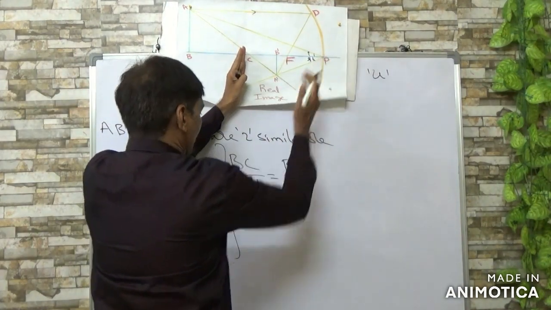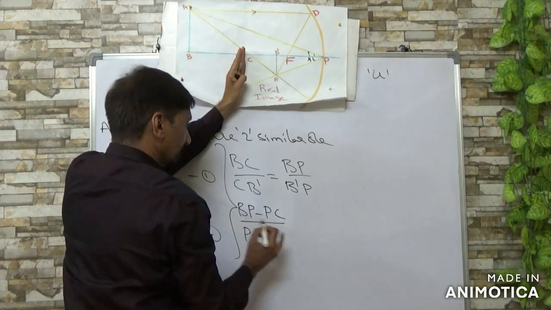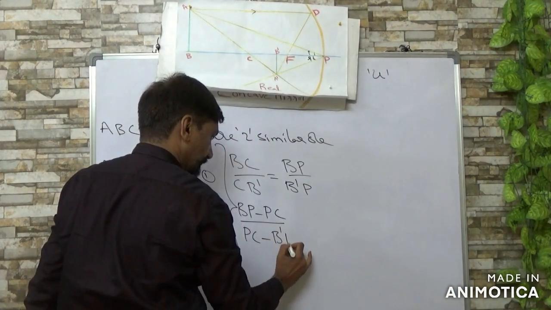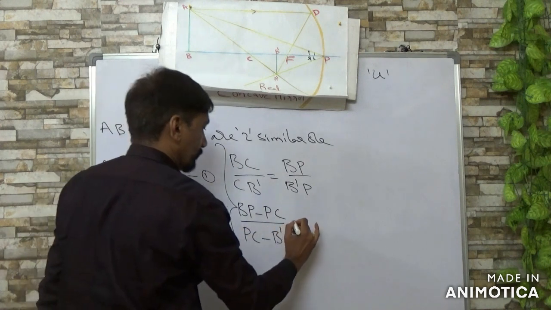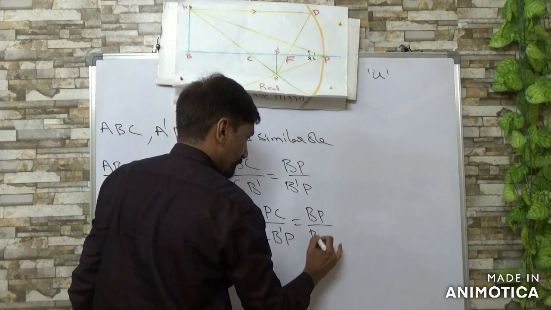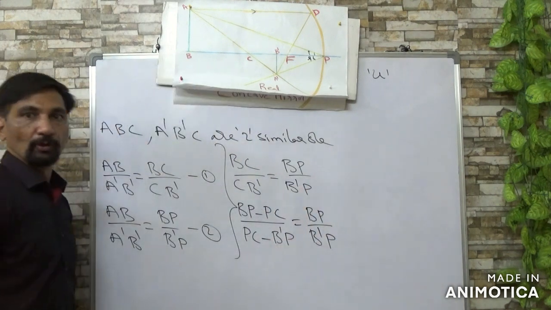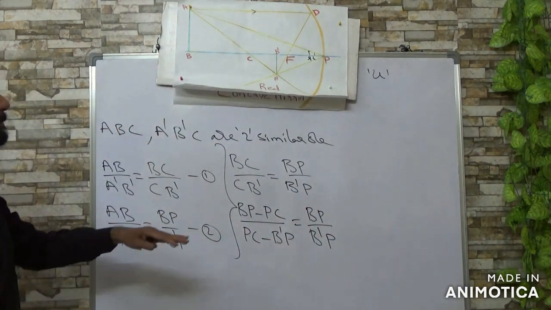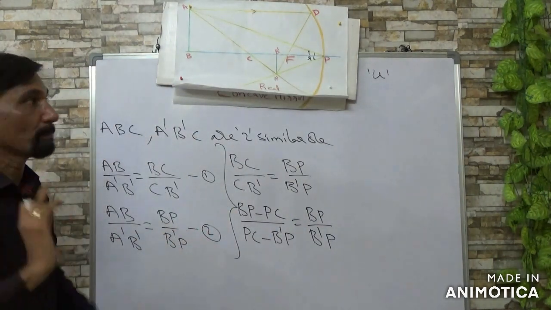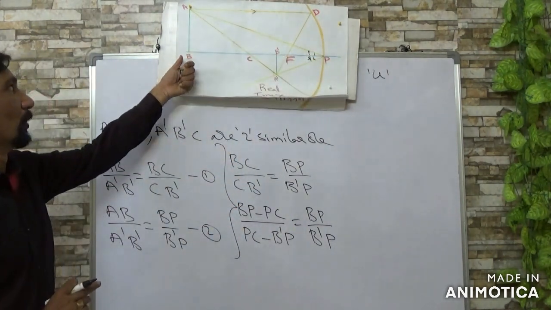So BC is taken as BP, the total distance, minus PC, by PC minus B dash P, which is equal to BP by B dash P. Now BP means the distance from the pole to the object.